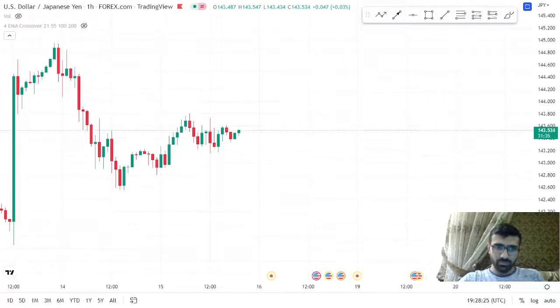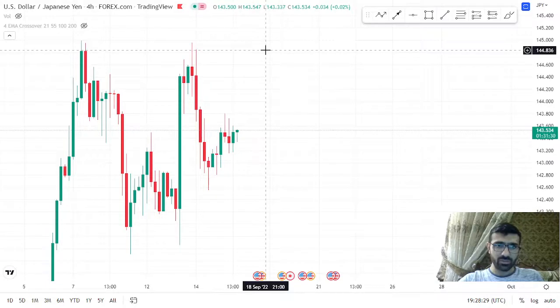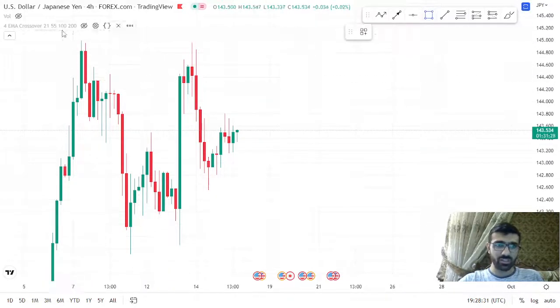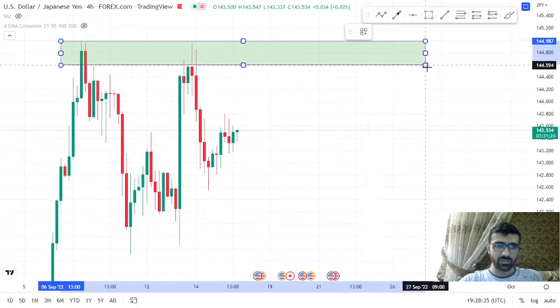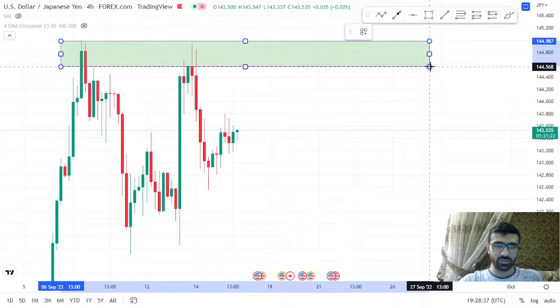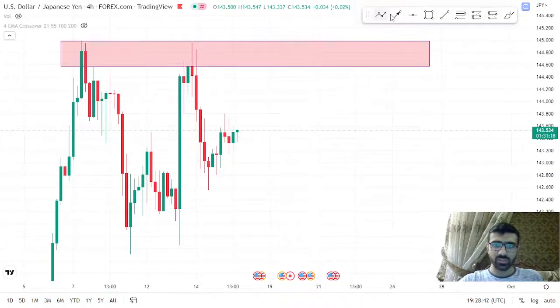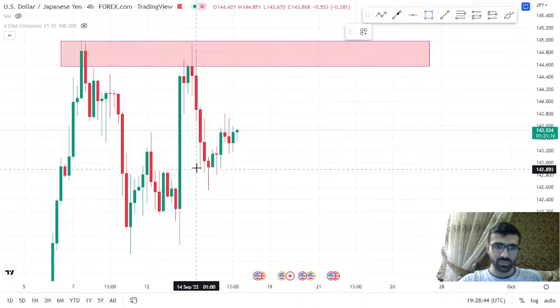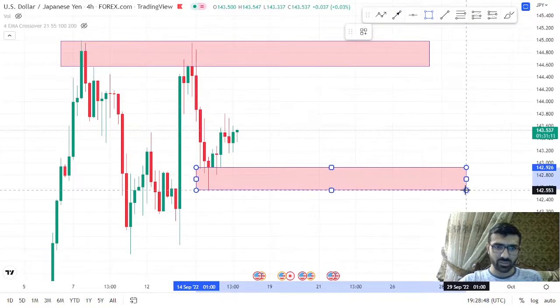Okay, so let me go to the 4-hour chart first of all, and let me give you fresh areas of buying and selling. Okay, so this is our current area of resistance. And our most recent area of support is this area.